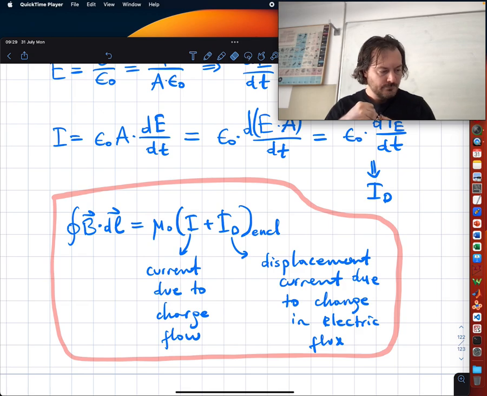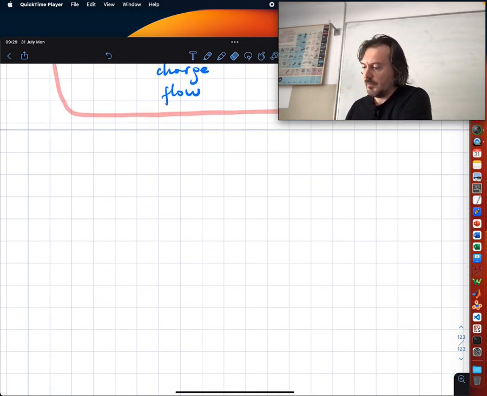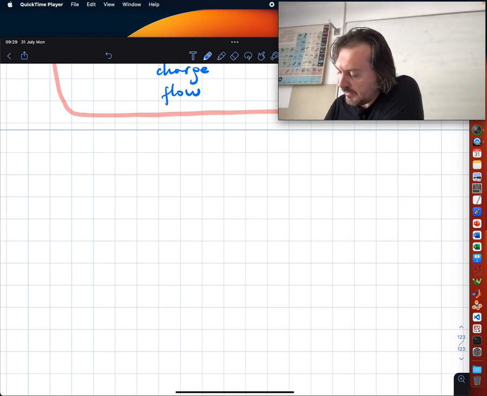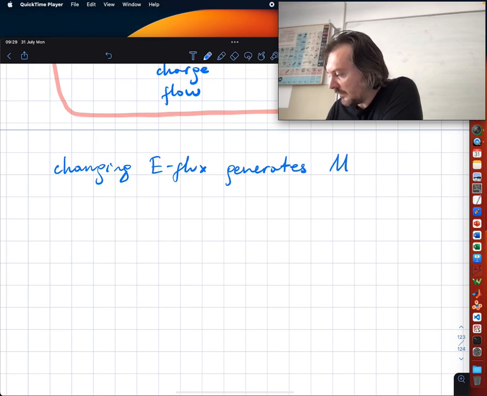So let me give you an example of this, or let's first write this one. Changing electric field, electric flux, generates magnetic field.